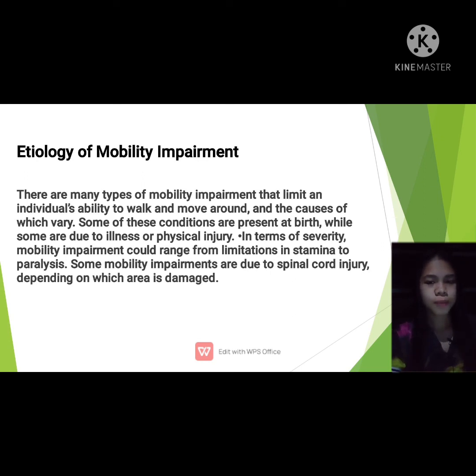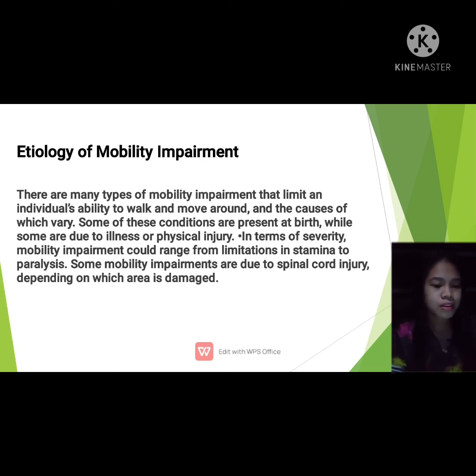Etiology of mobility impairment. There are many types of mobility impairment that limit an individual's ability to walk and move around, and the causes of which vary. Some of these conditions are present at birth, while some are due to illness or physical injury. In terms of severity, mobility impairment could range from limitations in stamina to paralysis.